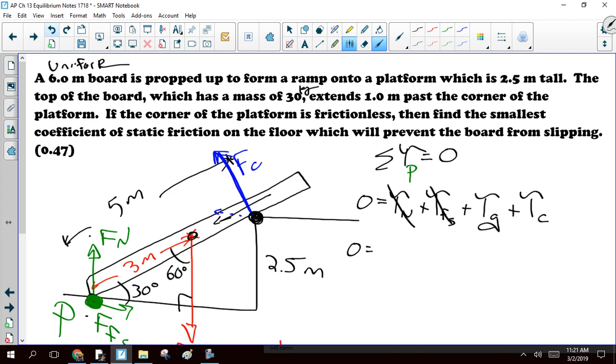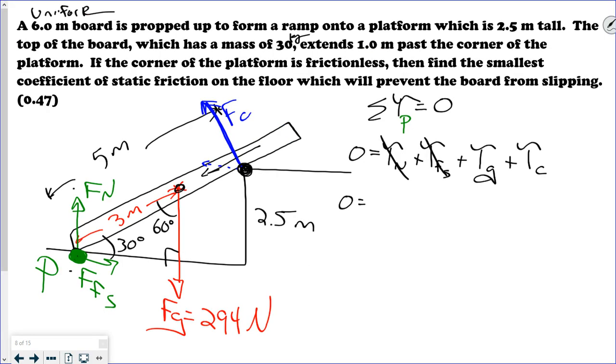Okay, so let's make this bigger again. Here we go. So our torque from gravity should be the force of gravity, we'll do that in red, 294 newtons times our lever arm. Well, this force of gravity is 3 meters away from my chosen pivot point, times the sine of the angle between the lever arm and the force.